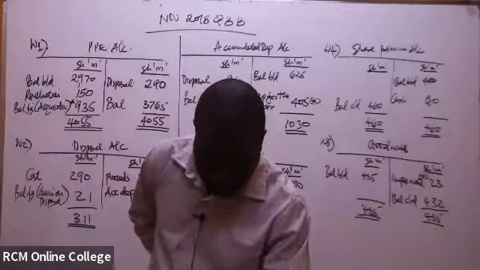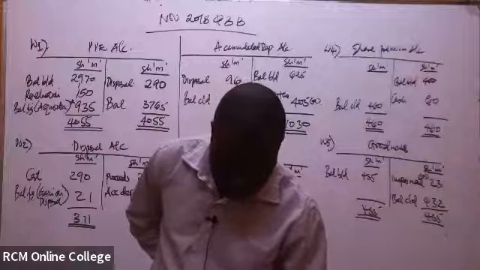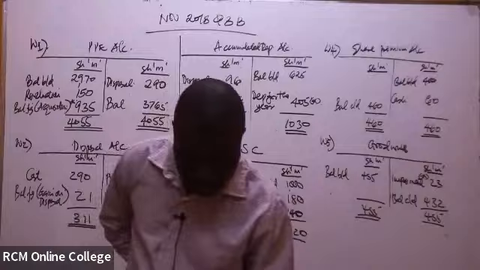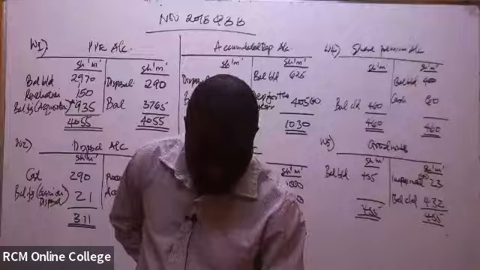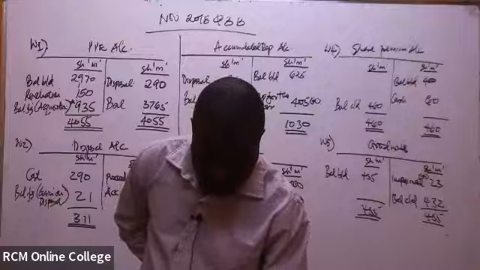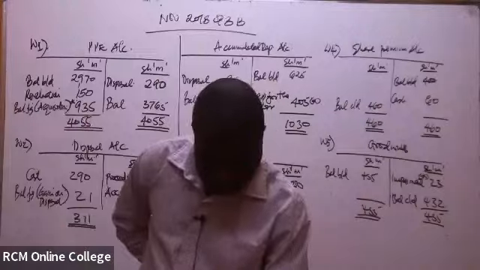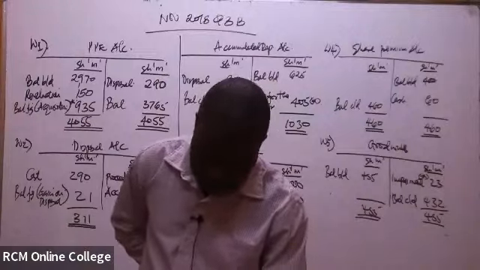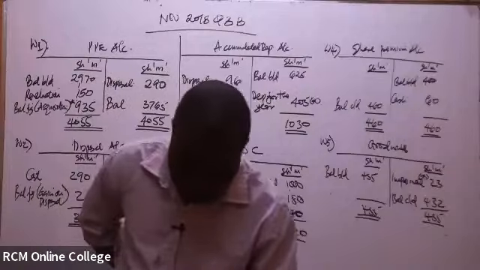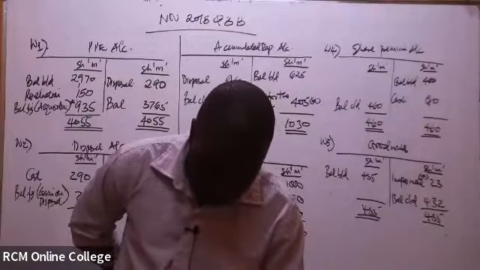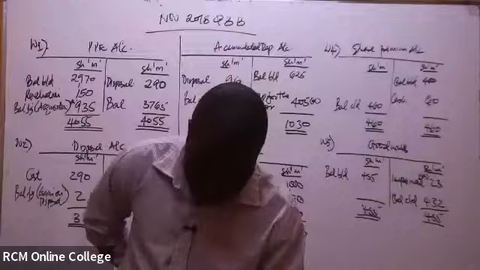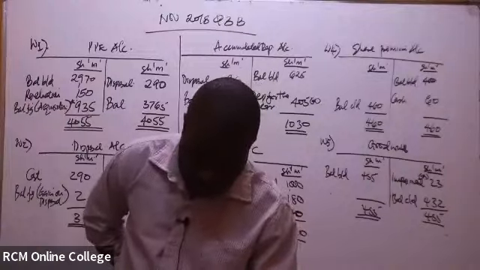Then of course, there was also a revaluation on the assets of the subsidiary by 150 million. So it means the net assets actually went up by 150 million.